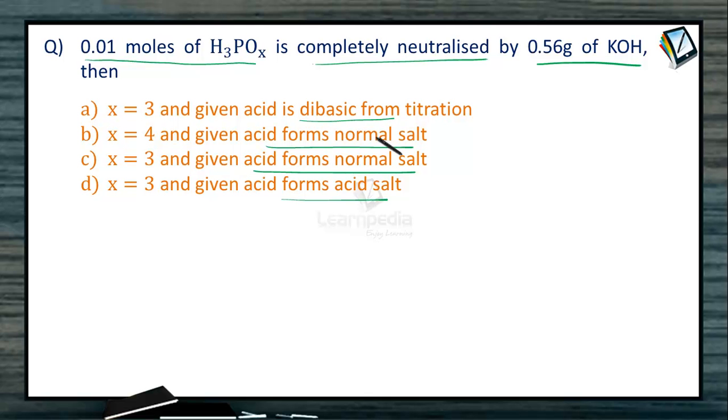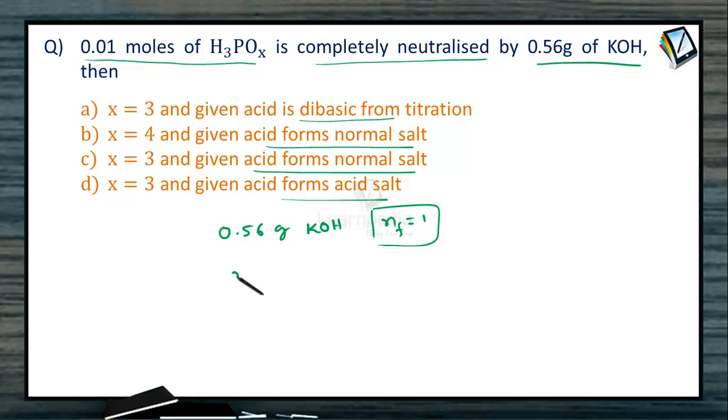But we need to know whether it is a dibasic or forms normal salt or forms acid salt. So when we take 0.56 grams of KOH that is required for complete neutralization of 0.01 moles. So this 0.56 grams of KOH, having one OH group with N factor as acidity is 1.